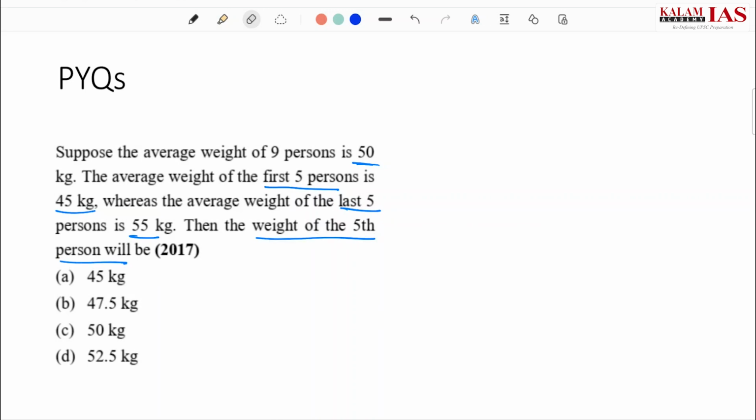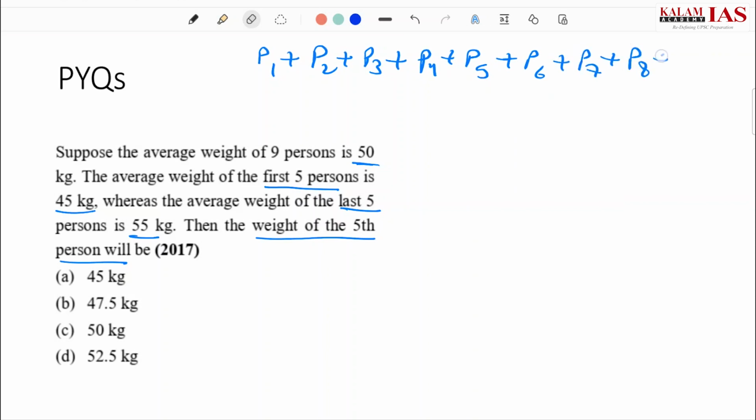Now there are 9 people in the group, so we have P1 plus P2 plus P3, P is person, P4, P6, P8 and P9, divided by 9, and this value equals 50. Now it is said the average of the first 5.